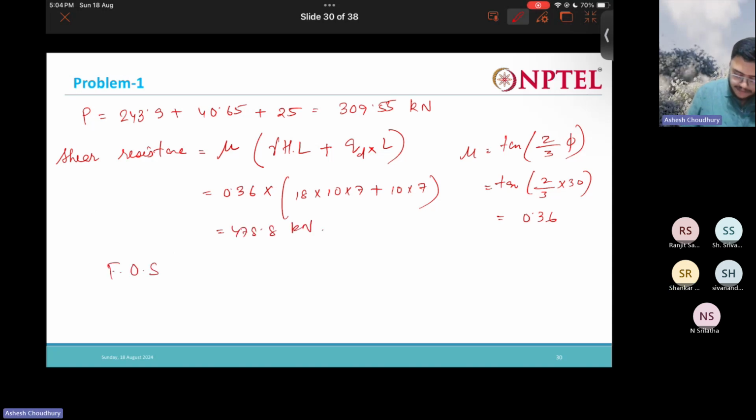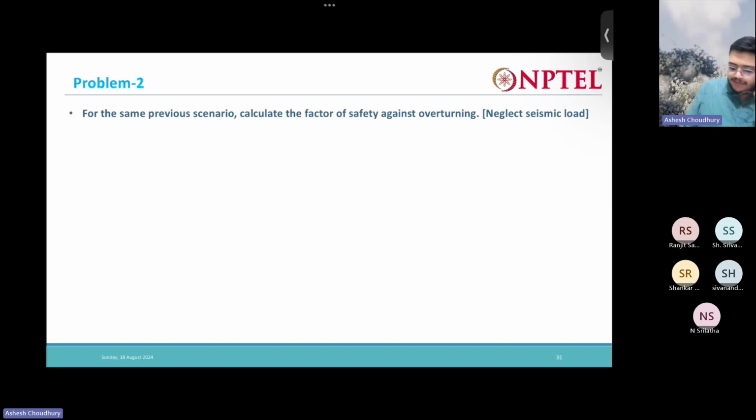Now, therefore, the factor of safety in sliding, how much? Safe, right? Safe in sliding.